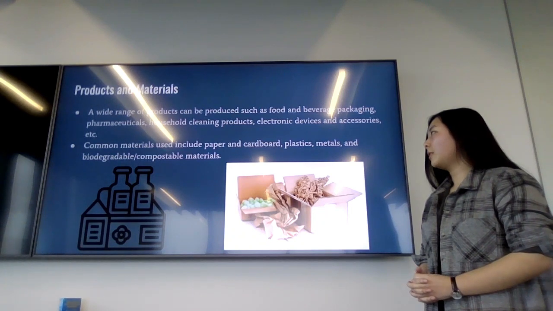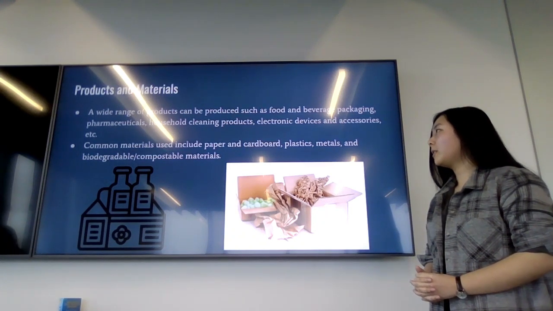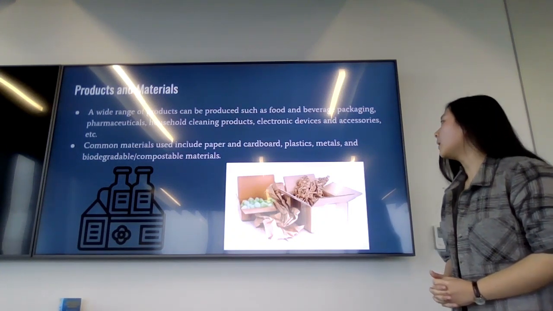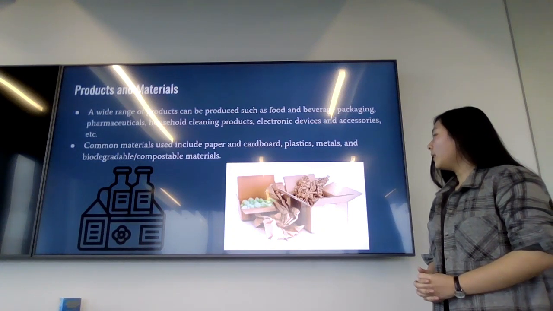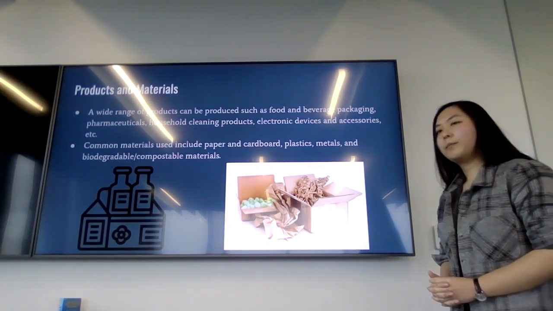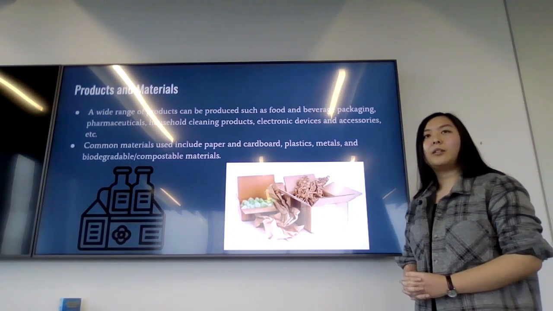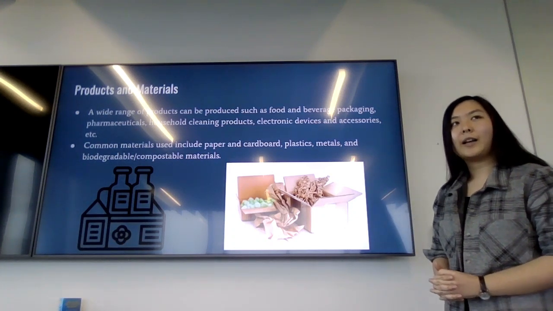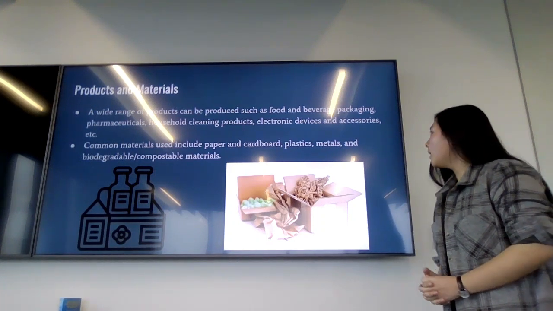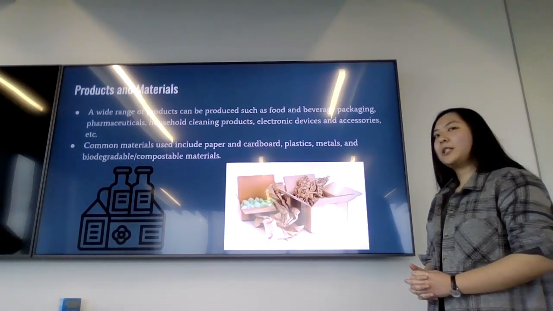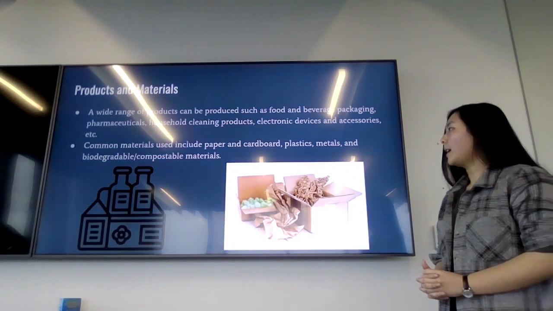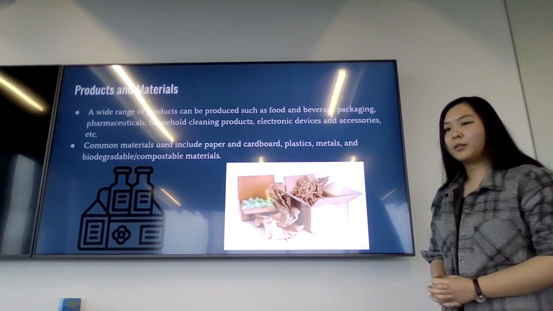Common materials that are included with packaging and labeling are paper and cardboard, plastics, and some plastics include PET, HDPE, or LDPE, which are plastics that have varying densities, metals such as aluminum and tin, and biodegradable or compostable materials.